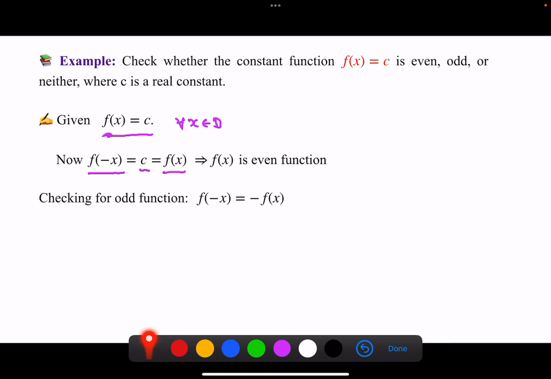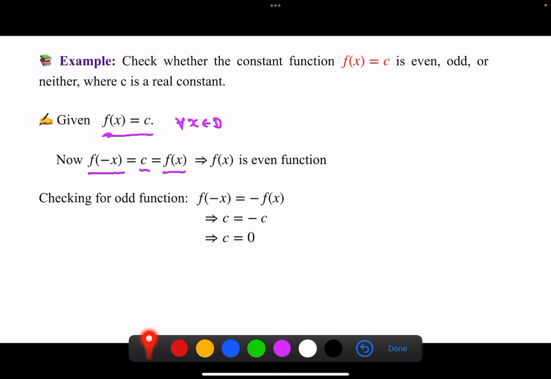Now for checking for odd function, we evaluate both values. The value of the function at minus x is c. Is this value equal to minus of f of x, the negative of the function value? So we write c equal to minus c for odd function. This implies that c equal to 0.